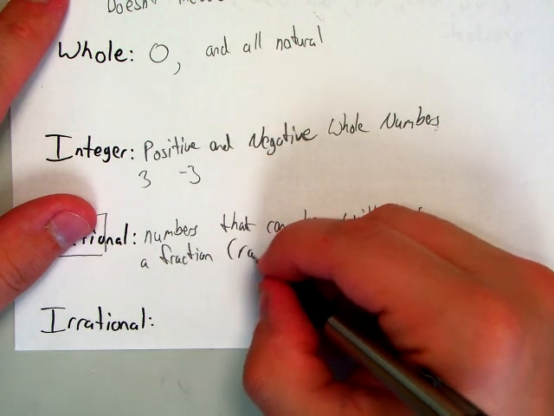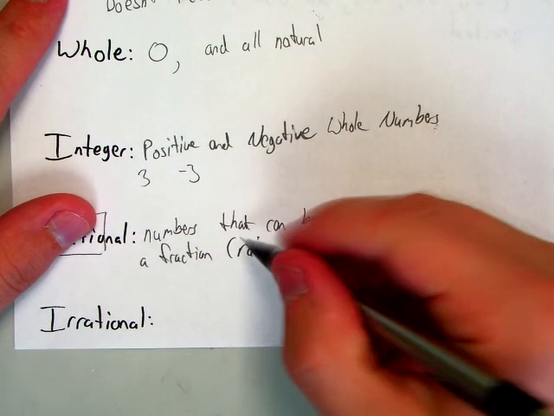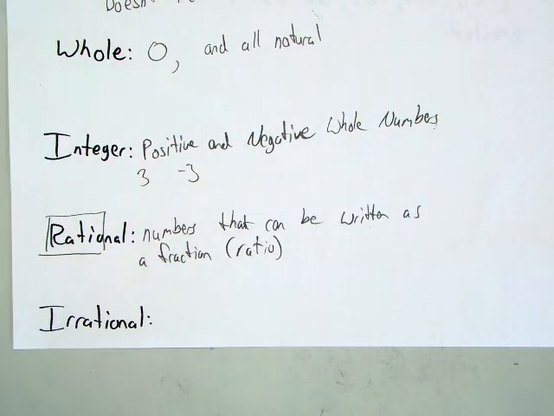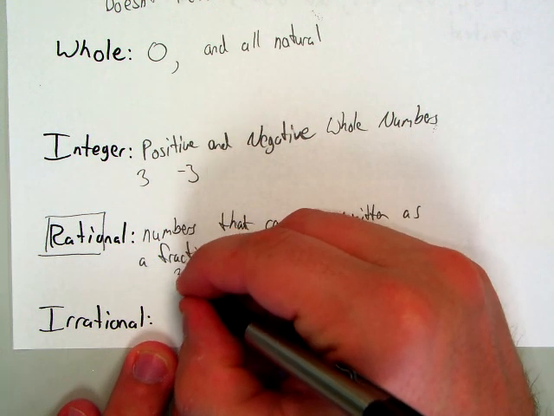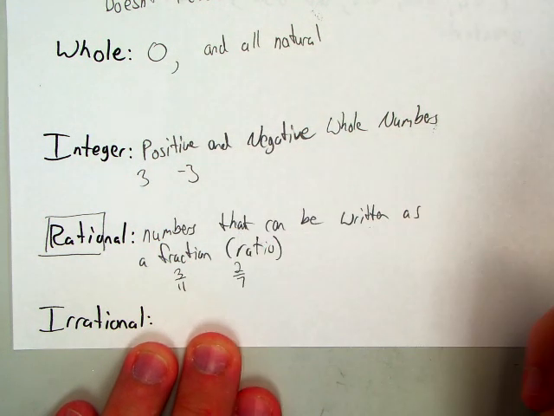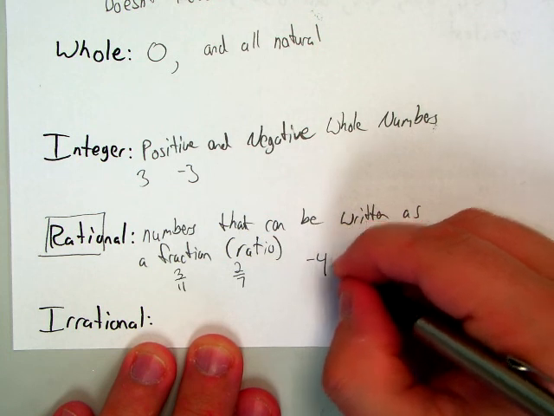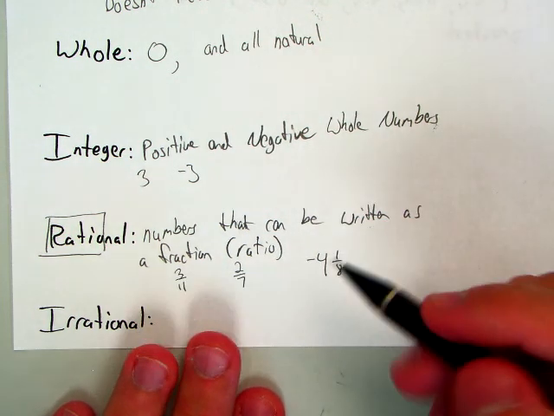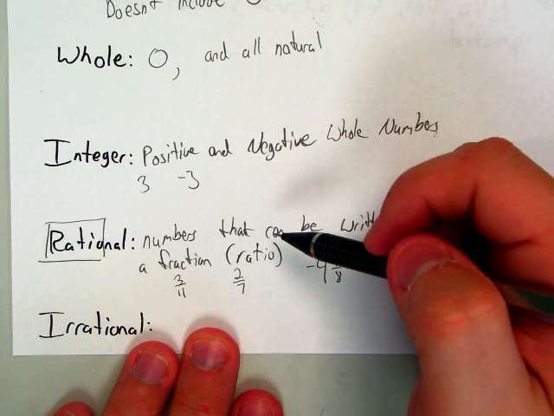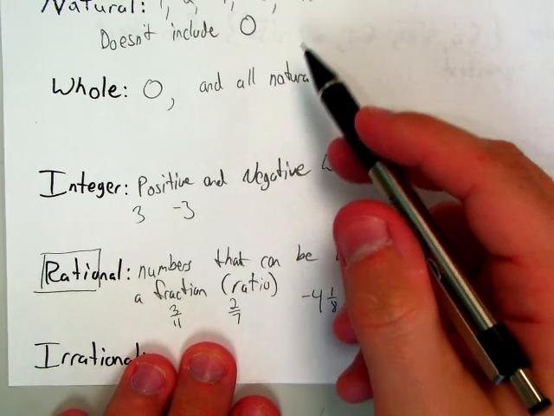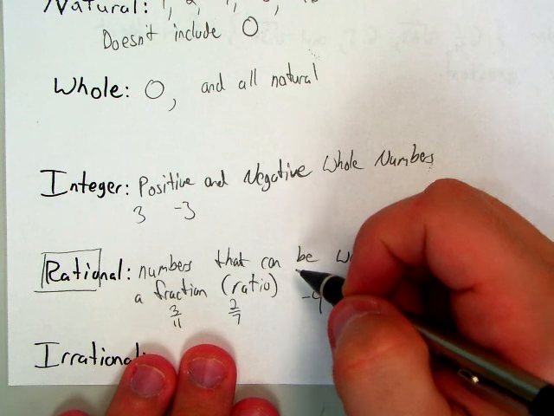So a fraction is a ratio. So in this case, it would be like 3/11, 2/7, -4 1/8. Those were examples. All integers can be written as a fraction. All whole numbers can be written as a fraction. And all natural numbers can also be written as a fraction.